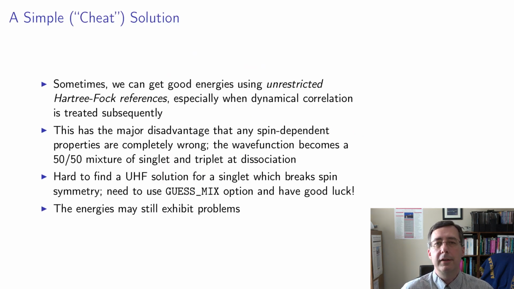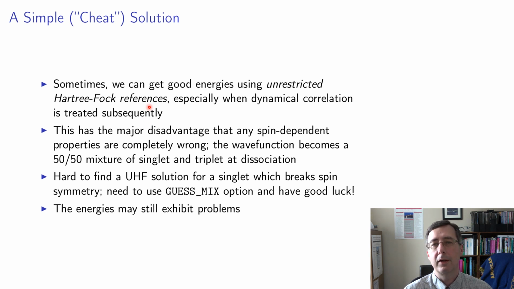Now I can kind of cheat. So far I've been using restricted Hartree-Fock references, restricted orbitals, and that's appropriate because I have, in all these cases, closed shell singlets that ought to be able to use restricted orbitals. However, I can kind of cheat if I go ahead and use unrestricted Hartree-Fock references.